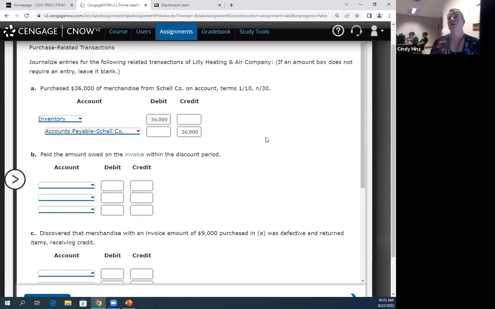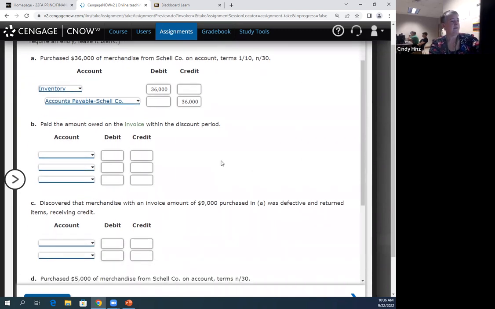But what we have is what's called a subsidiary ledger that comes under accounts payable that provides the detail. So if we go to the subsidiary ledger, we would see a separate area or a separate accounting of what we owe Shell Company, all of the invoices, the due dates, so that we can keep track of that. So you should read about subsidiary ledgers in your textbook if you have not already.